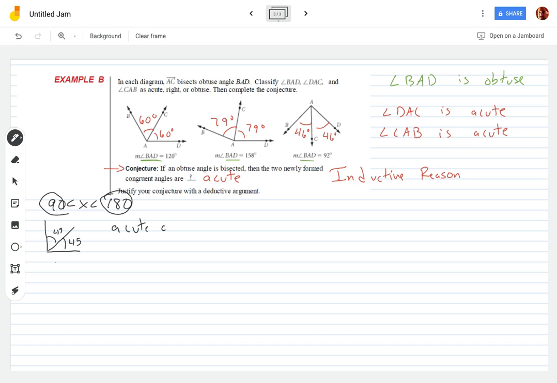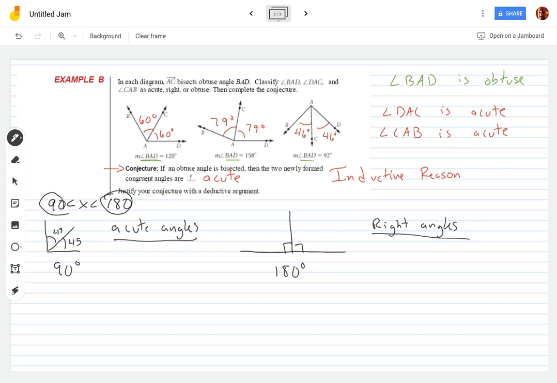If I go to 180 degrees, I would cut that angle into two congruent parts. This one is 90 and that one's 90. We have two right angles. So for a 180-degree angle we get right angles, and for a 90-degree angle we get acute angles.